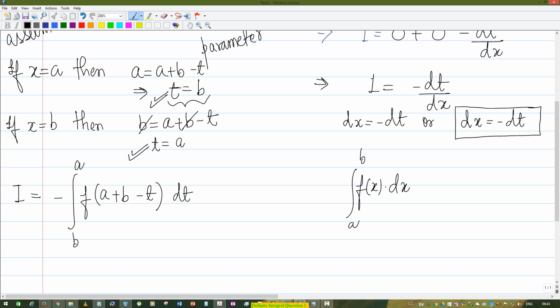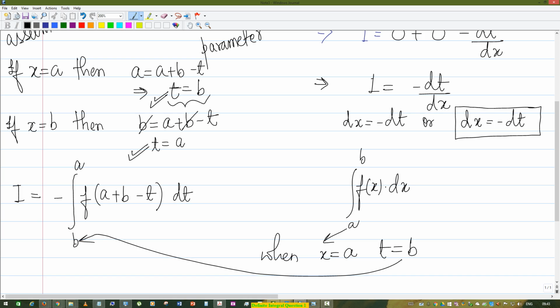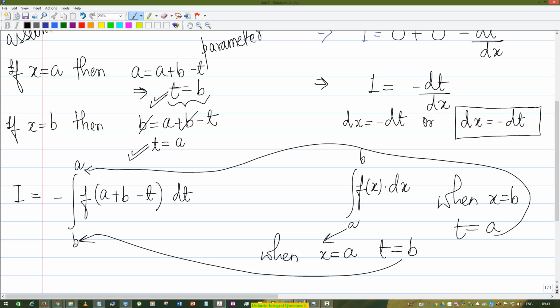So initially, when x is equal to a, t came out to be b, which we have substituted here, and when x is equal to b, t came out to be a, which we have substituted here. So this is b to a. The integral is now b to a f of a plus b minus t dt.